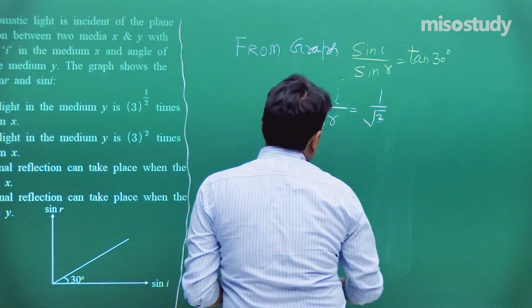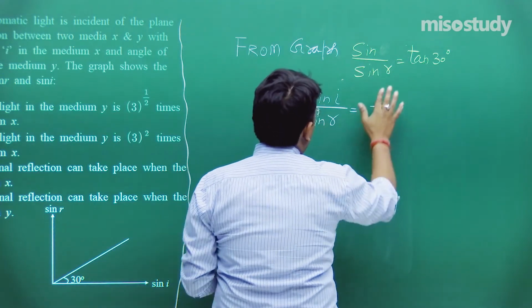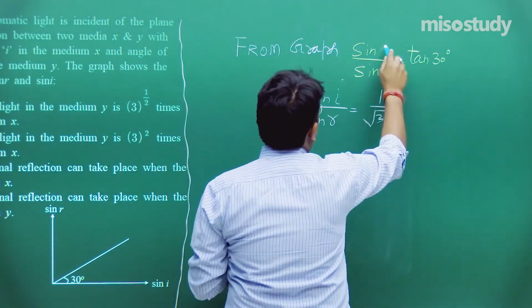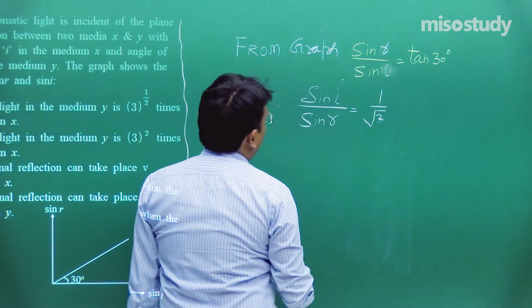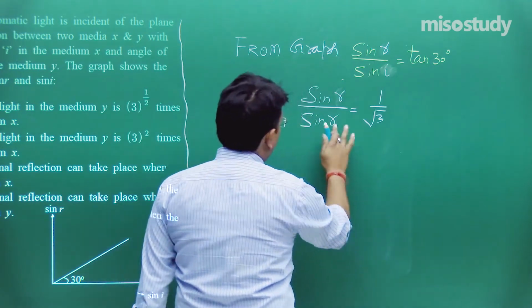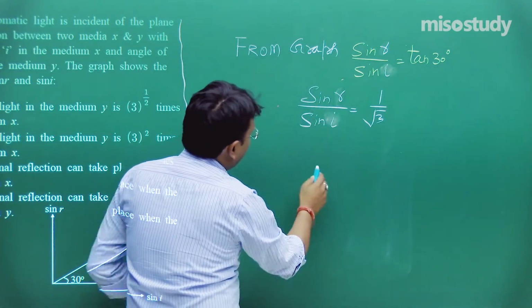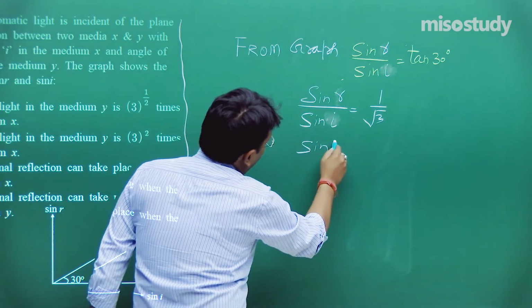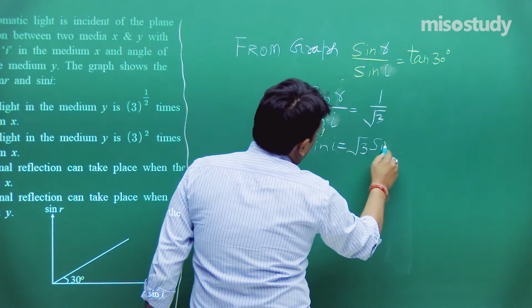Let's make it sin R upon sin I, because the value is given from the x axis. Sin R upon sin I, yes. Otherwise I'll have to take this 60 degree angle. That way also I can do that, no problem. So from here what you can say, sin I is equal to root 3 sin R.